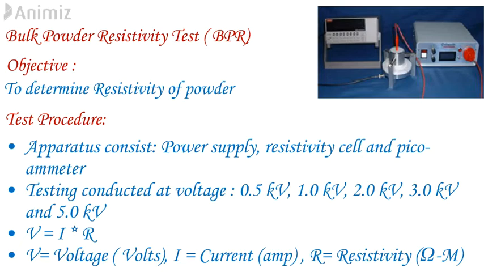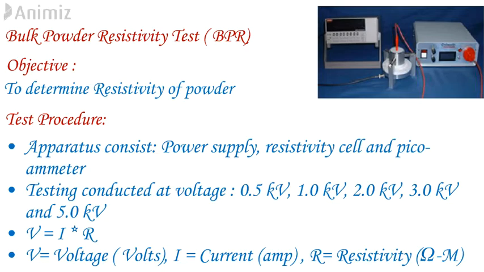5 different voltages are applied to the powder and the corresponding current readings are noted down. The 5 voltage and current readings correspond to one run. This procedure is repeated for 3 runs. The resistance is calculated according to the equation V = I × R, where V is the applied voltage, I is the current through the material and R is the resistance.